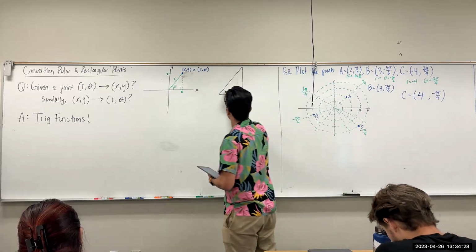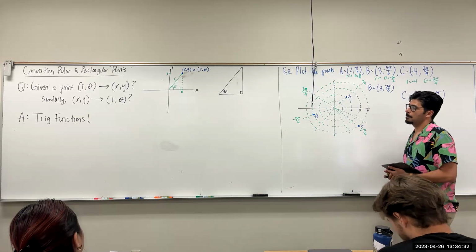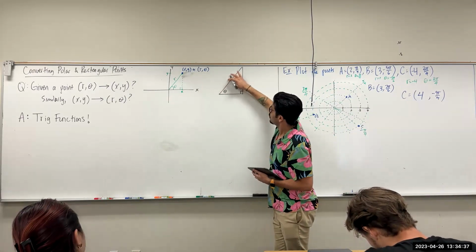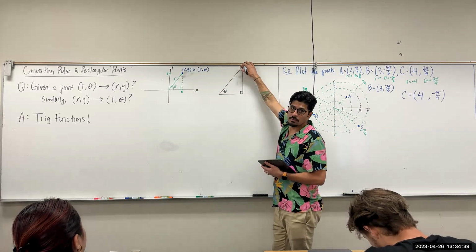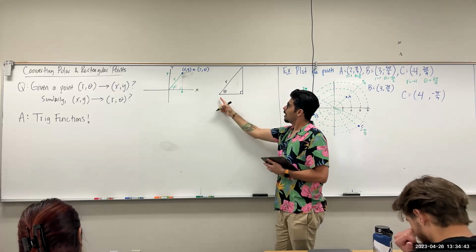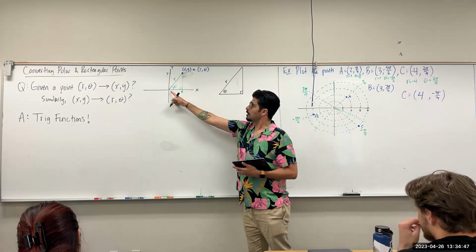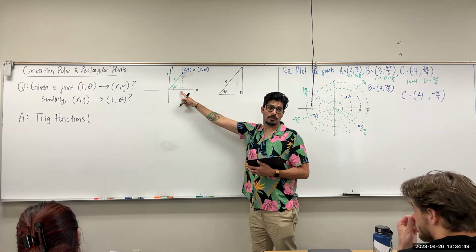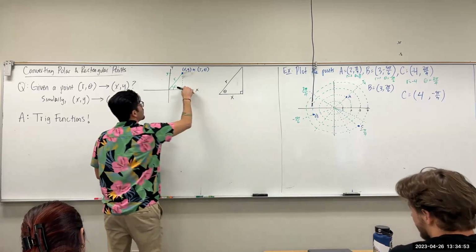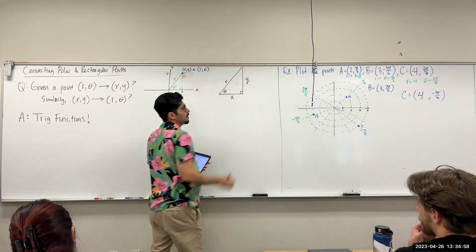Where theta is located here, that's the angle that we rotated. How long is the hypotenuse of this triangle? It's gonna be r units away, whatever that r value is. How far is this bottom side here? It's x units away. How high is it? It's whatever that y value is. So it's y units away.